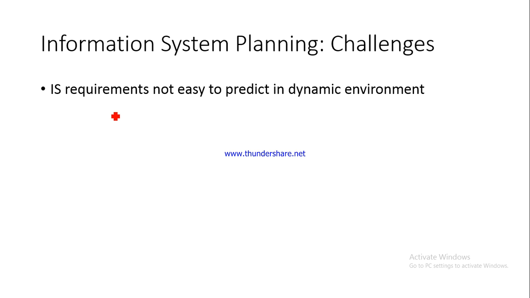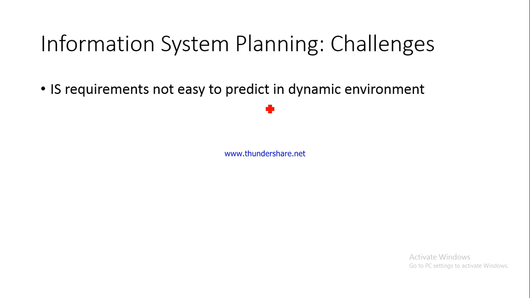So naturally the environment is changing, and your requirement of the information system would also keep changing. So you simply cannot predict what the requirement would be 2 years down the line, because the environment is changing so fast that the requirements may also change in 2 years' time.